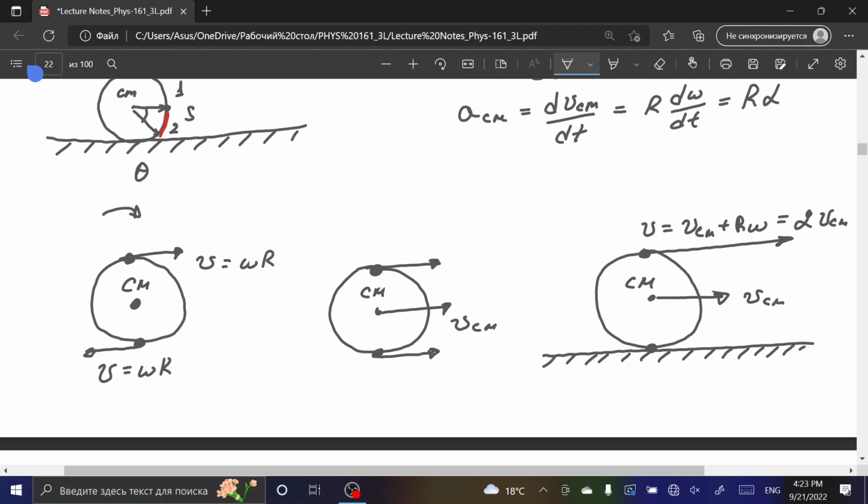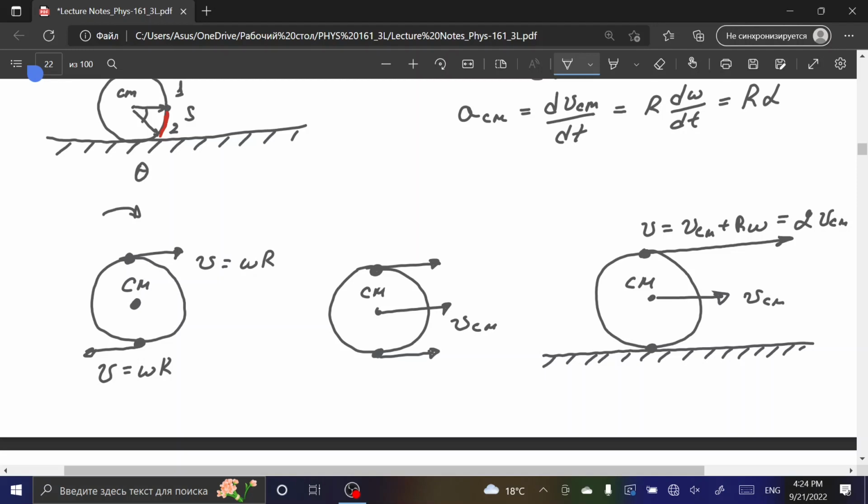There is no velocity with respect to the surface, because at every moment of time, as this object is rolling, this point will be in contact with the surface. So if it's in contact with the surface, obviously with respect to the surface it will be equal to 0.